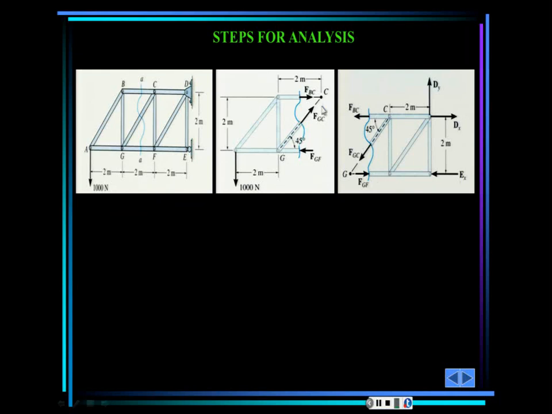Now, if you look closely, once again, we are cutting 3 bars. That doesn't mean that this is the only thing that you can do, cut 3 bars. But we are taking full advantage of what we are doing here. In the case of the joints, what we were doing actually was a particle equilibrium. In the case of a truss, method of the sections, we are analyzing a rigid body, the whole thing.